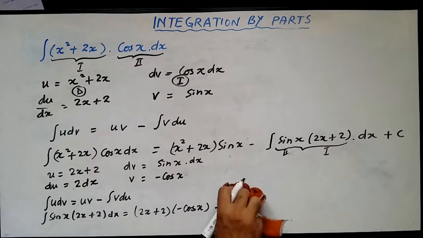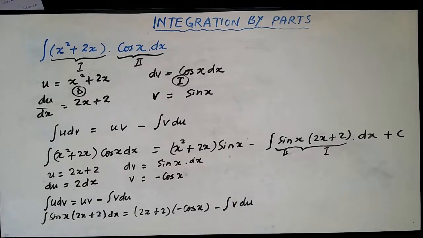What is integration of v du? v is minus cosine of x and du is twice dx.